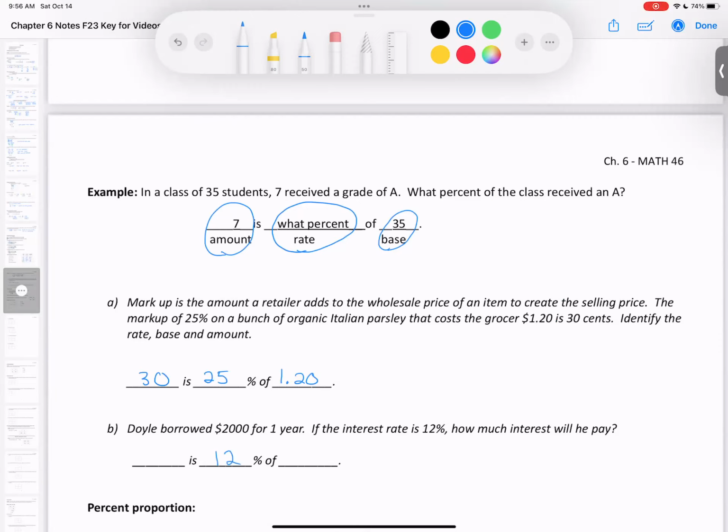That's the one with the percentage. The 2,000, is that the amount or the base? Here it's going to be the base. That's our total amount. The amount is going to be the 12% of the 2,000. It's going to be a smaller number. And so here we would put in a question mark, because in this case, that's what we would be looking to solve.